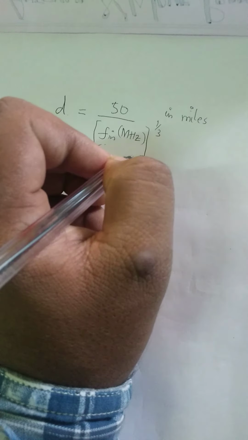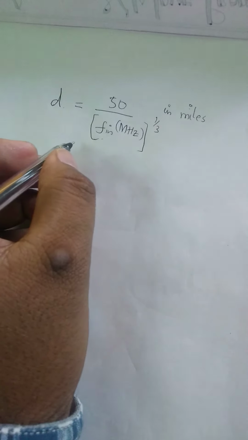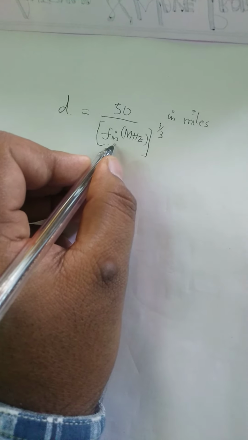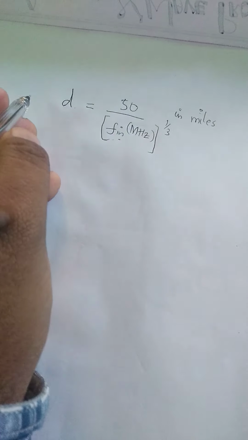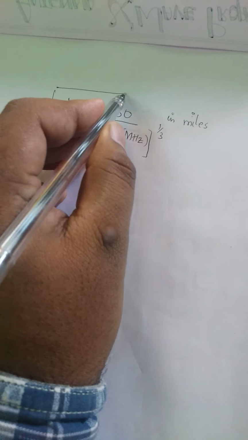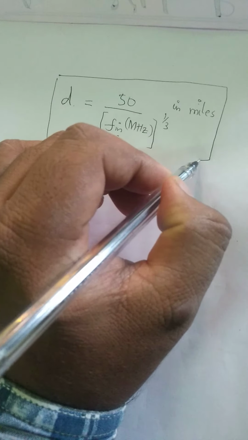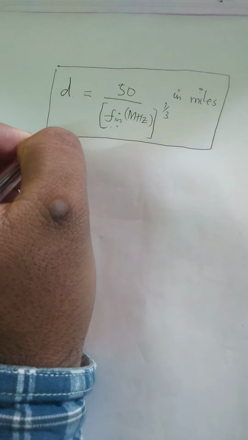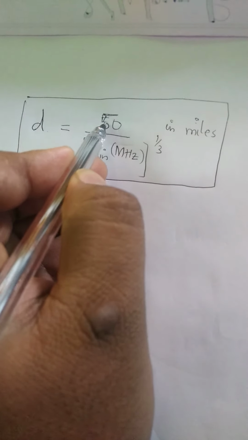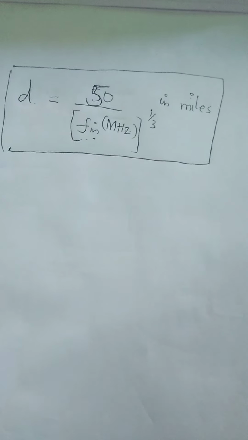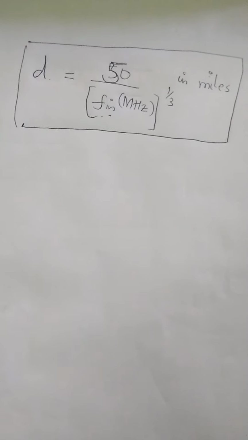So we use this distance relation to find the frequency and the distance of your ground wave propagation, where 50 is a constant value and we measure the distance in miles.